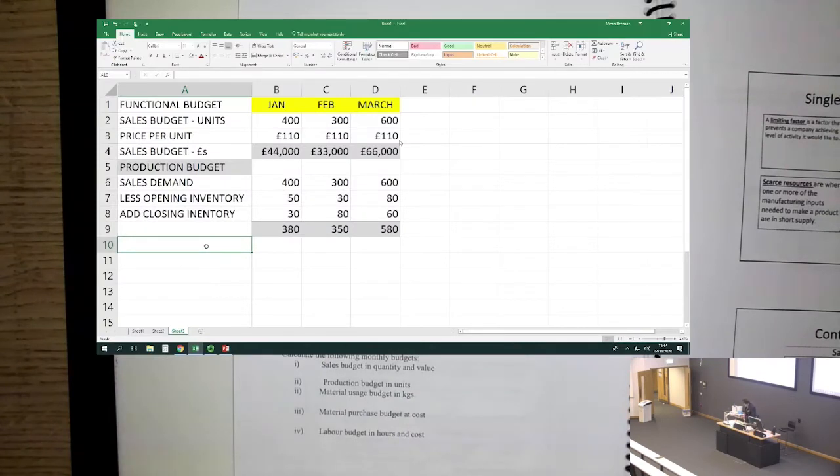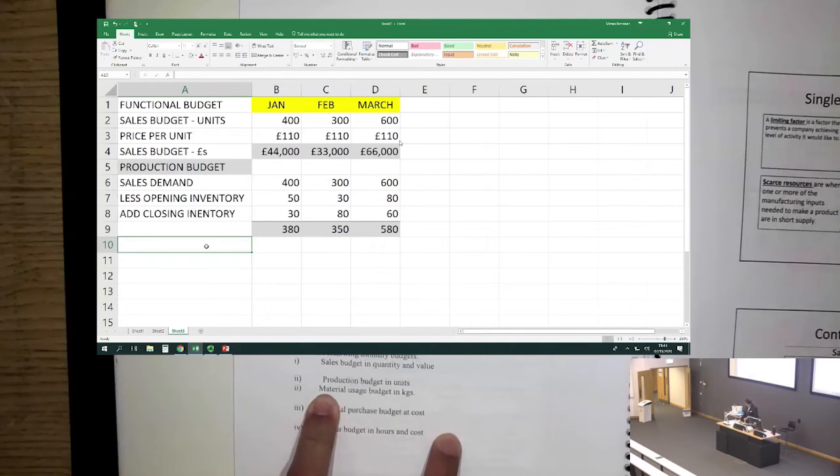Now, the production department knows how many units they need to produce, but they need two elements to produce these units, labor and raw material. So number 3 would be how much raw material. First, we need to calculate how much raw material we are going to use.